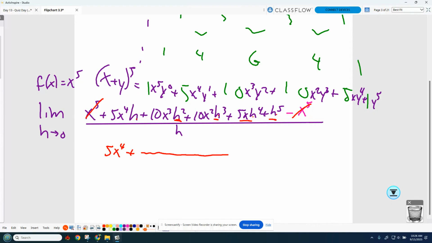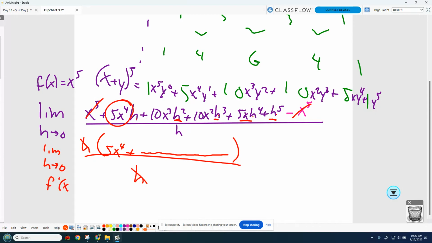Now that one h was taken out, all the others have an h still left behind, right? So when I plug in that 0, the only thing that's going to come out is this, 5x to the 4th. So x to the 5th became 5x to the 4th.